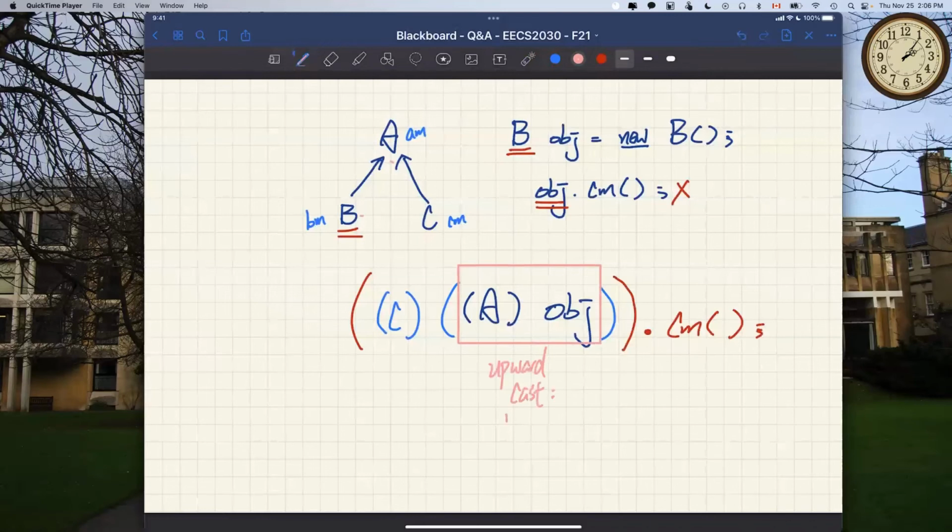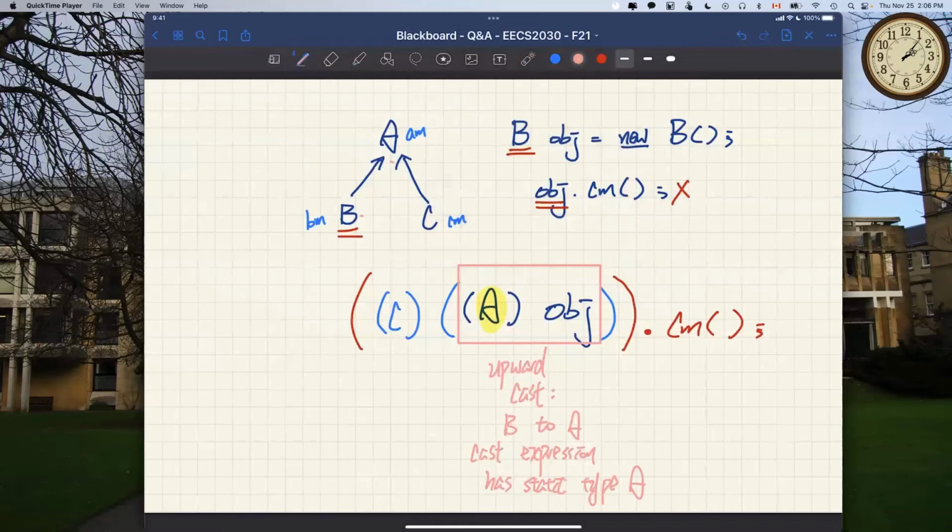So you're going from B to A. And the cast expression has static type matching the cast type, which is over here. Okay, over here. All right, so that's this part here.